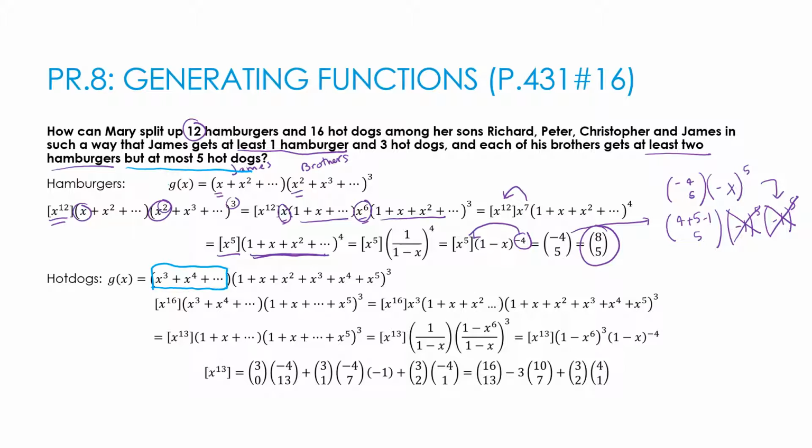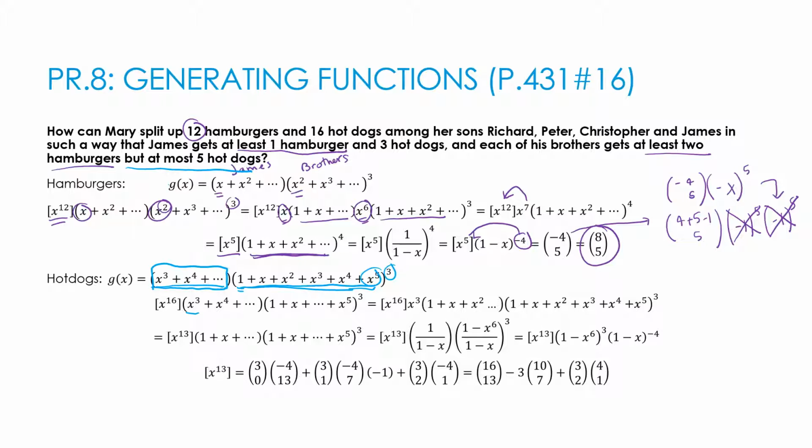The brothers get at most 5 hot dogs, but notice their lower value is they could end up with 0 hot dogs, but they can get at most 5. So there's 3 of those because there's 3 brothers. This guy has an endpoint of 5. This guy doesn't have an endpoint.